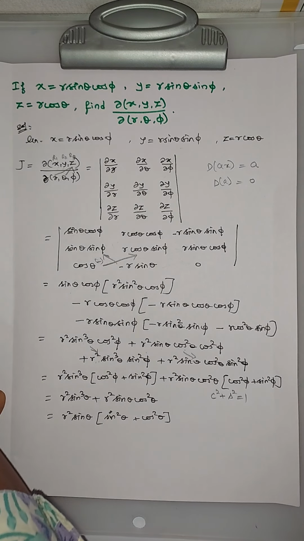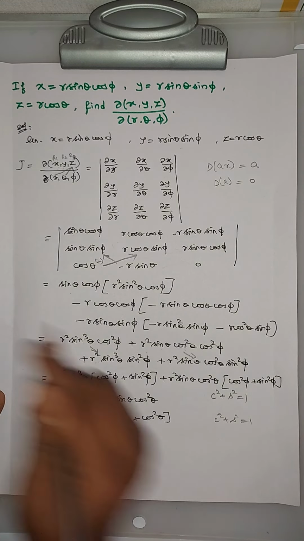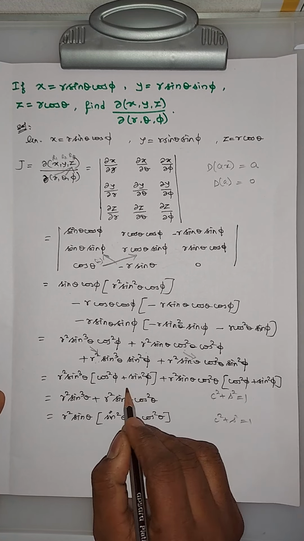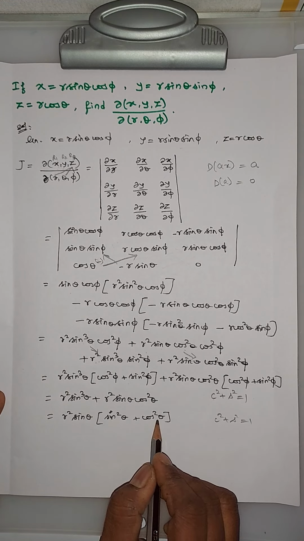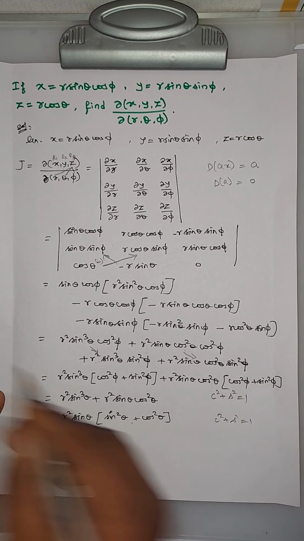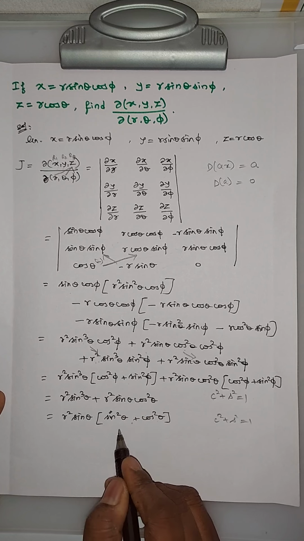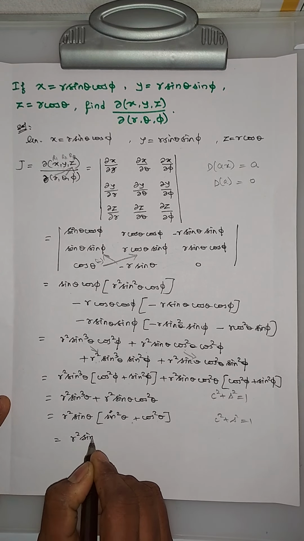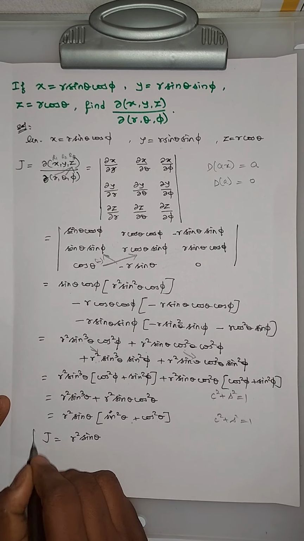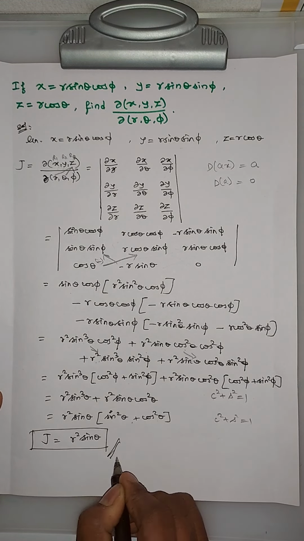And again, same formula, cos square plus sine square is equal to 1. By using the same formula, it becomes 1 here. So finally we get r square sine theta, which is the value of the required Jacobian. Thank you guys.